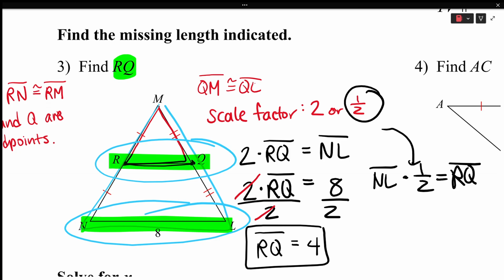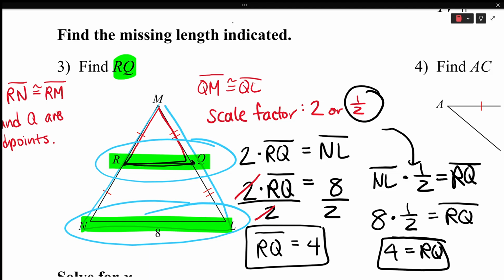The smaller triangle is 1/2 of the big one. So it's the same thing. 8 times 1/2 is going to be 4. So either explanation works. You get the same answer. You're telling the same story, okay?